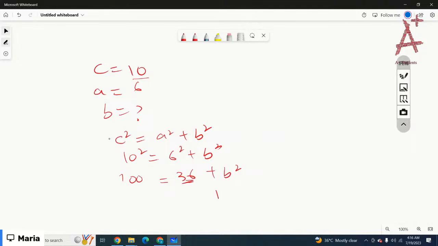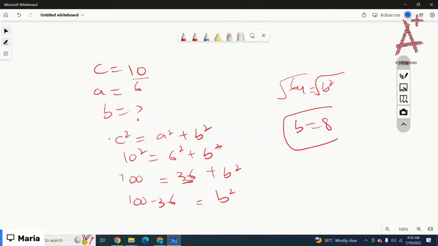Move 36 to the other side. It would be b square equals 100 minus 36. So 100 minus 36 is 64 equals b square. Just square root both sides. So b equals 8. That means the length of the missing leg is 8. Got it? So the correct option is 8.